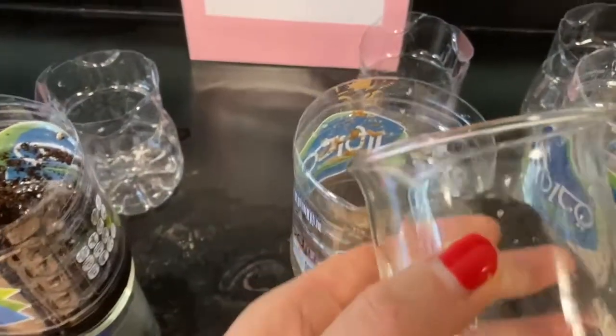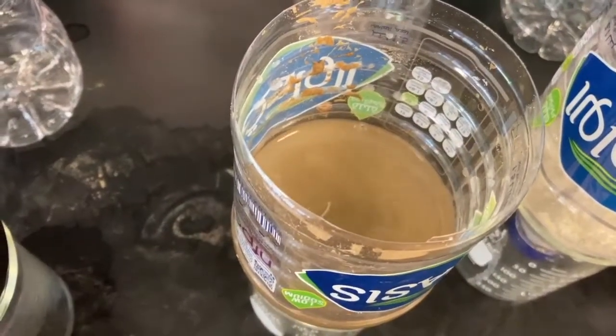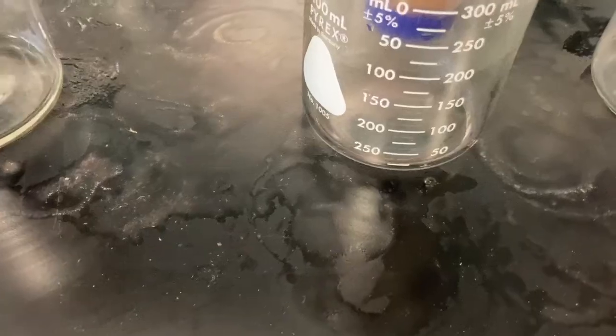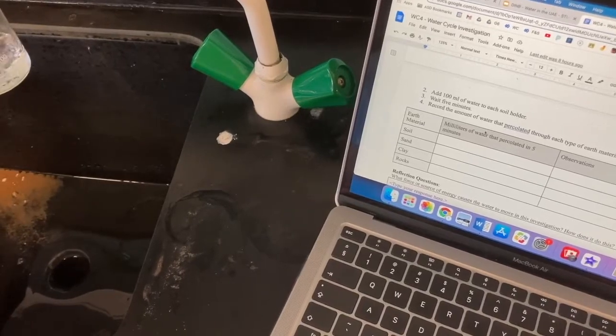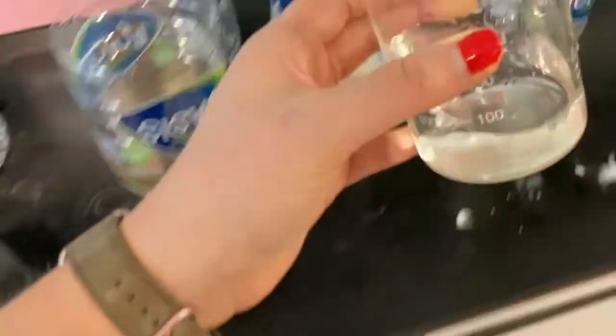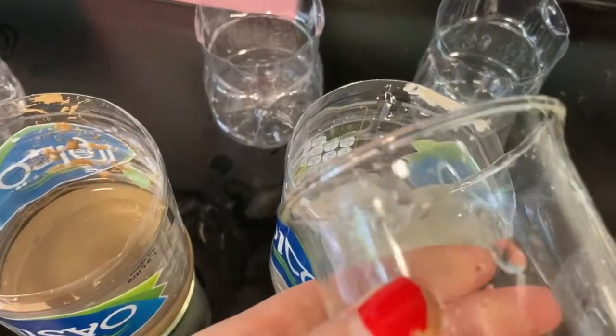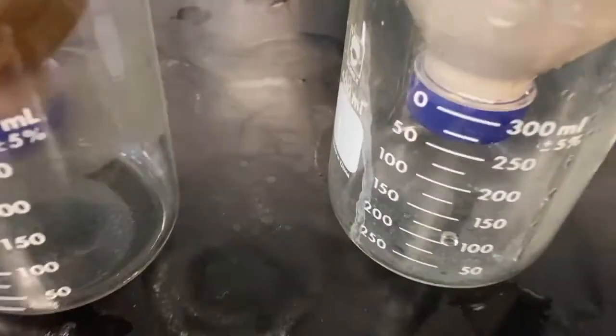And then we've got 100 milliliters into the sand, and it looks like it's just kind of sitting on top. It's not percolating through. And we've got 100 milliliters into the clay, and it's a lot like the sand. No water is traveling through.